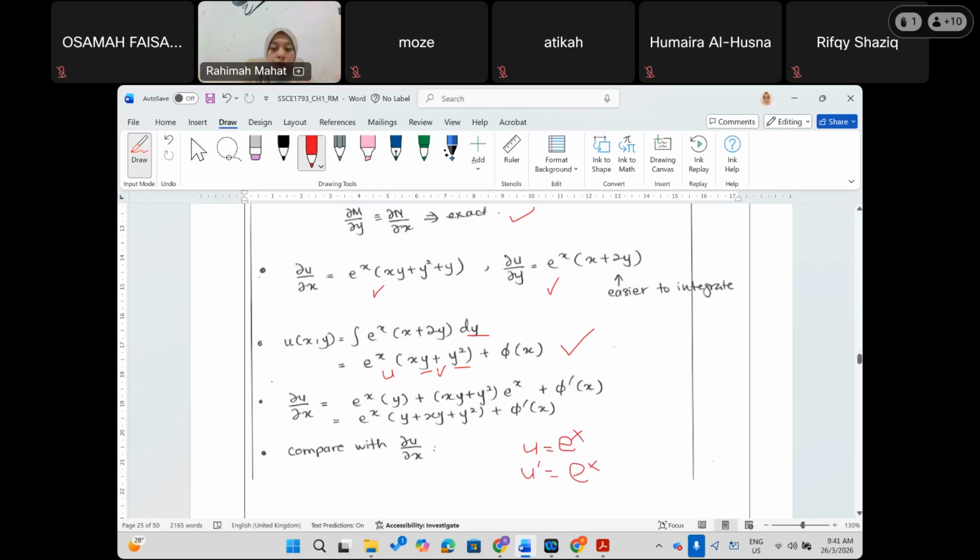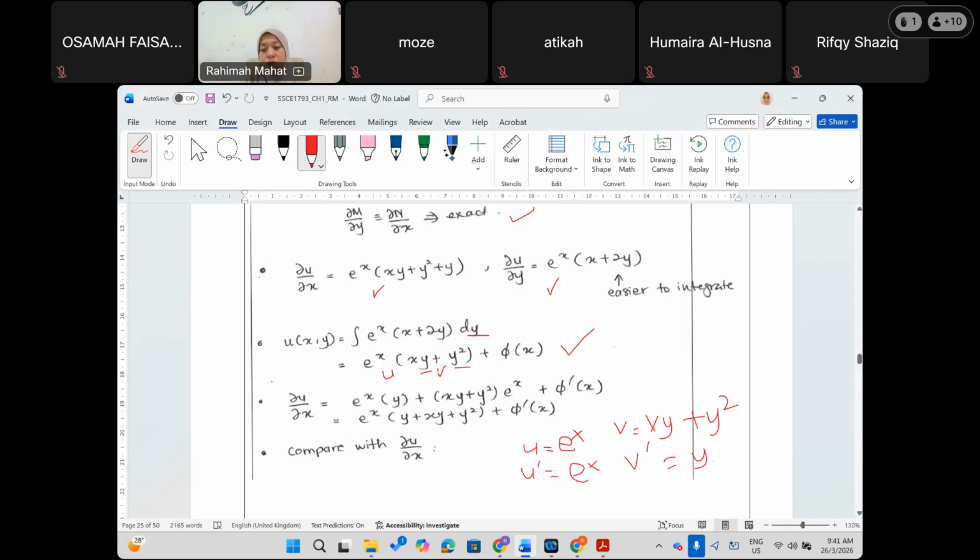And your v is equal to xy plus y squared. So your v prime, but this one is with respect to x, you differentiate with respect to x, right? So you will get y.